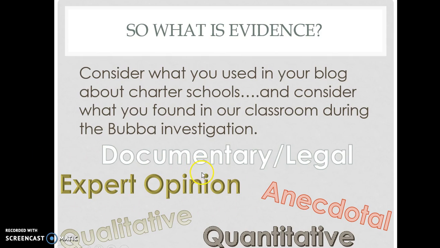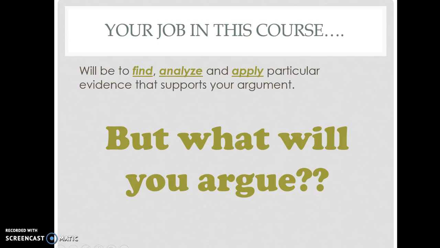You know that Jane Goodall was our expert opinion who also used her qualitative research to help. We know that there were some stories from the zookeeper, which was the anecdotal evidence, and we know that there were statistics that came out in regards to studies done comparing the chimp's DNA to our DNA, which would be part of the quantitative evidence.